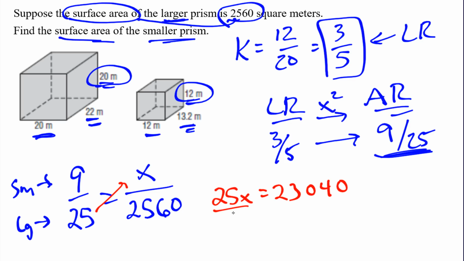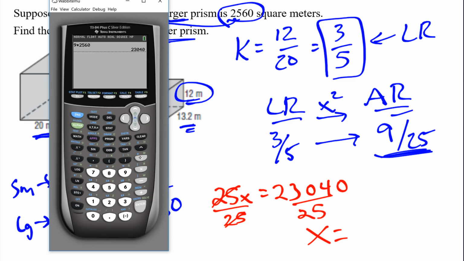We would need to divide both sides by 25. That puts us with an answer of 921.6.